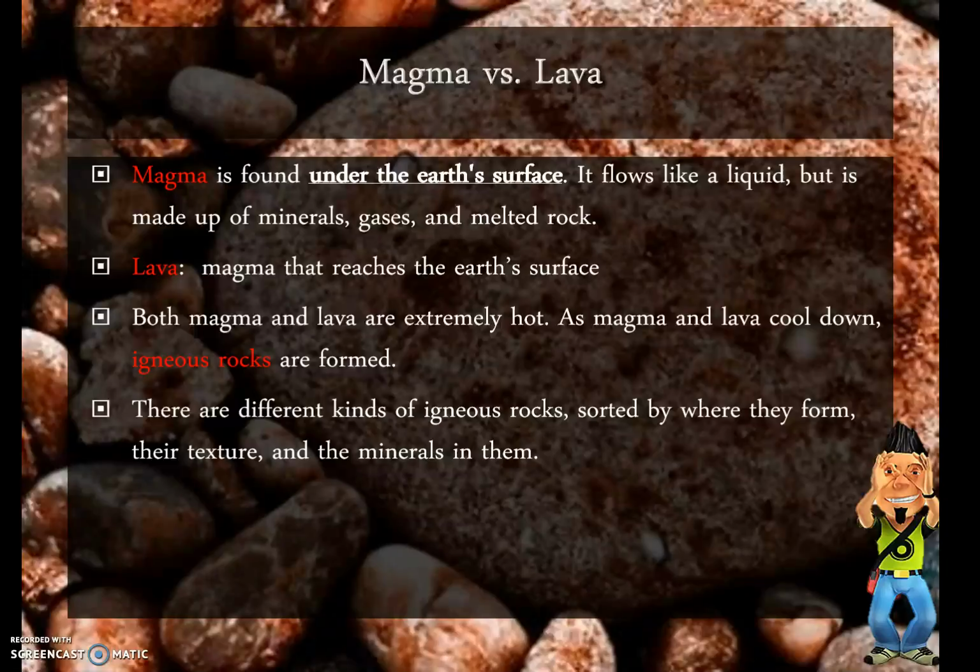Both magma and lava are extremely hot. As magma and lava cool down, as I've mentioned, that's how igneous rocks are formed. There's different types of igneous rocks, which depend on where they form, their texture, and the minerals in them. So that's how you get the difference between granite and pumice, a heavy, rough rock or a light, airy rock.